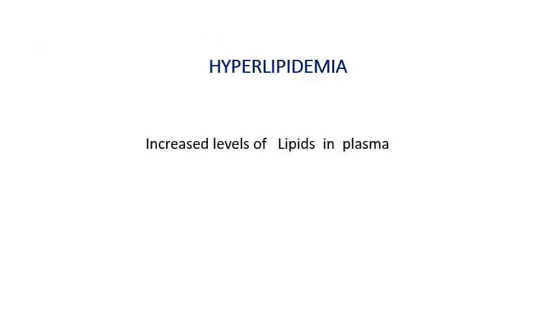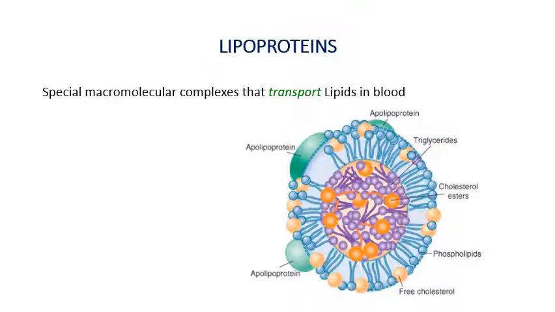Hyperlipidemia is increased levels of lipids in the plasma, and the lipids are always transported as lipoproteins. So this is the structure of the lipoprotein. It is a special macromolecular complex that transports the lipids in the blood.